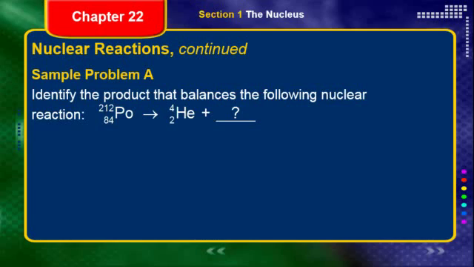I do have one sample problem for you. I want you to be able to identify the product that balances the following nuclear reaction. So I have polonium-212, and I want to emit an alpha particle. If I have polonium and it loses an alpha particle, what element is the other product?